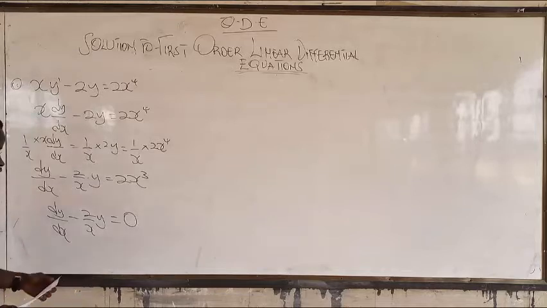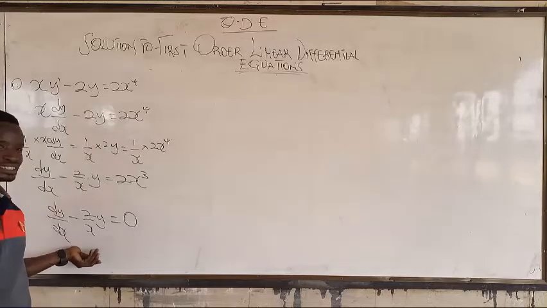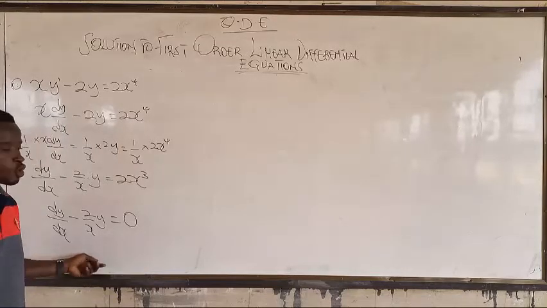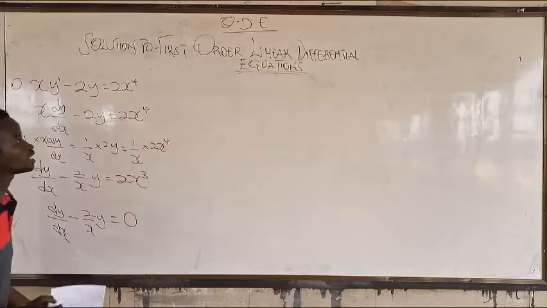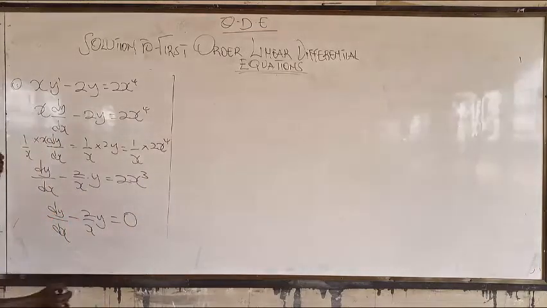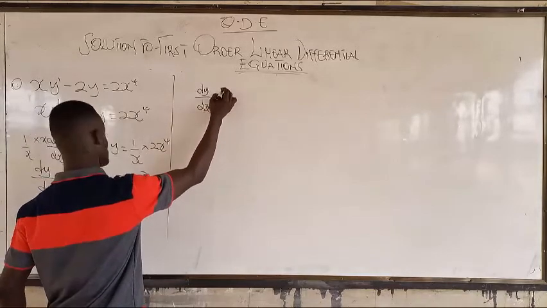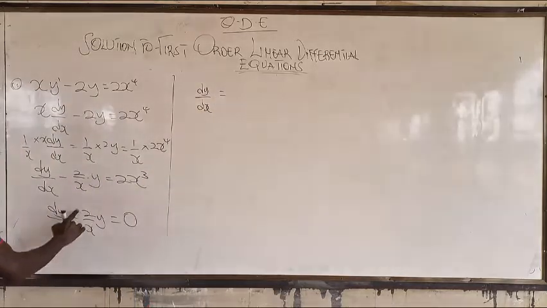Alright. Then after this, what do you do? You solve the solution for the homogeneous part. And how do we do that? By making it separable. So you send this to this side.